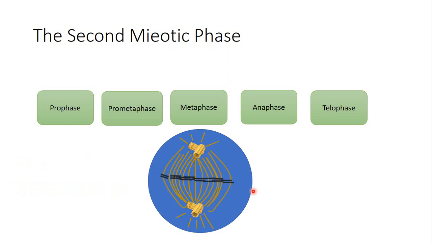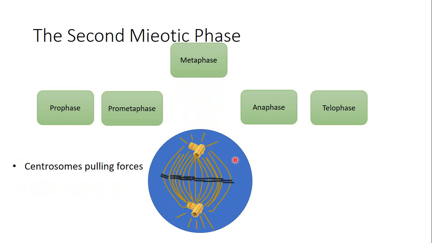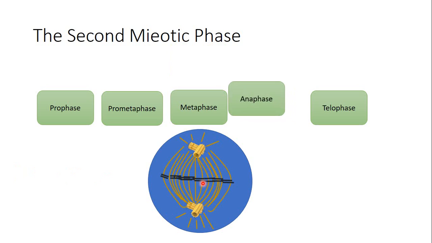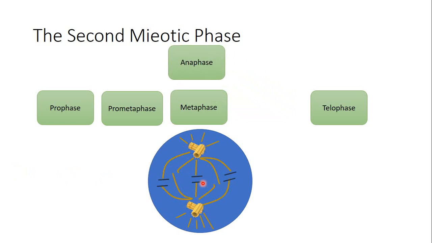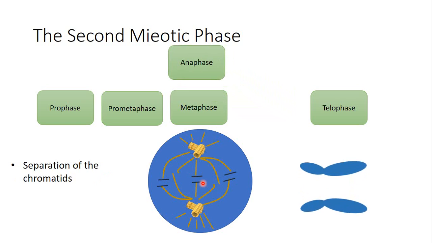In the metaphase, it's similar to what happened before. The 2 centrosomes will apply pulling forces on both sides, forming this metaphase plate. And then in the anaphase, these pulling forces are going to separate every 2 sister chromatids from each other, like this.